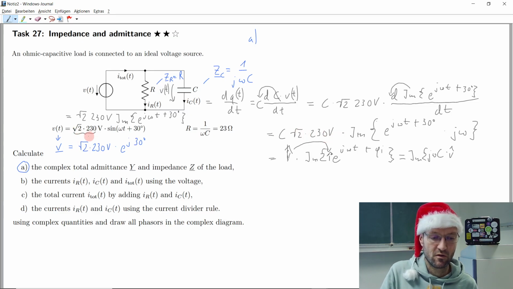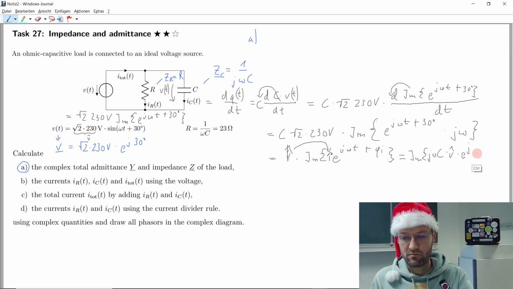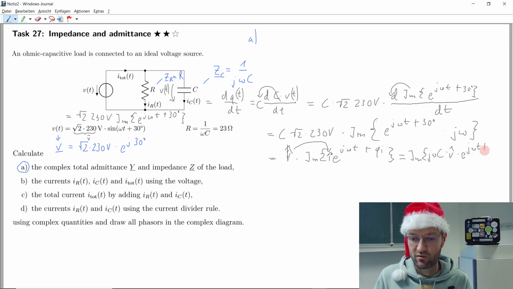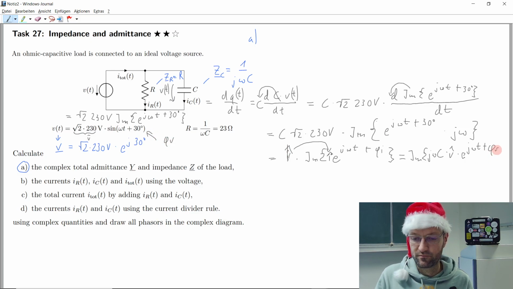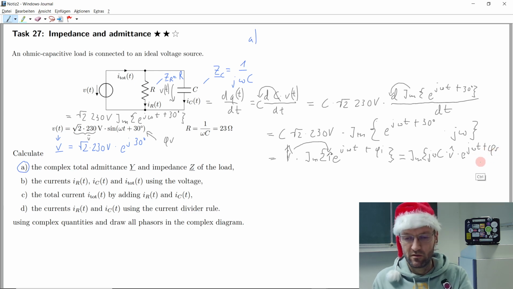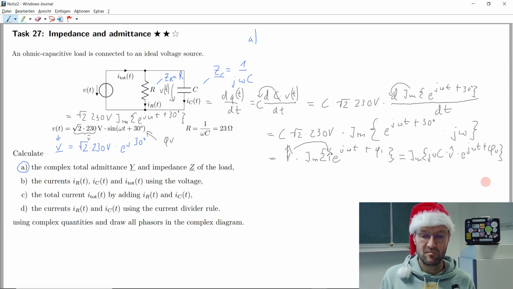This is the magnitude of our voltage, and then e to the j omega t, my drawing tablet is a bit small for such terms, plus the phi of the voltage, the angle of the voltage that we have. And closing the imaginary part. Maybe I will make this V a bit nicer.